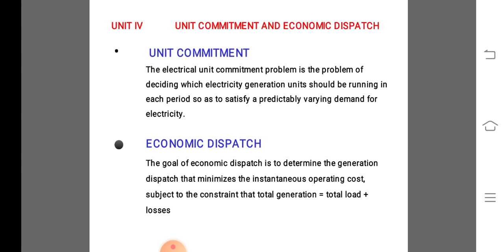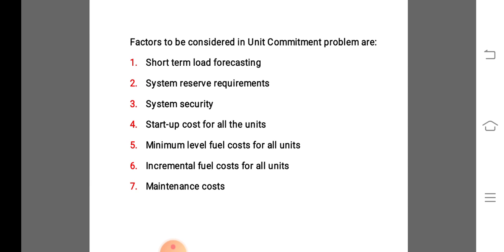Further, if the plant is located far from the load center, transmission losses may be high and running the plant may become uneconomical. The economic dispatch problem basically determines the generation of different plants to minimize the total operating cost.